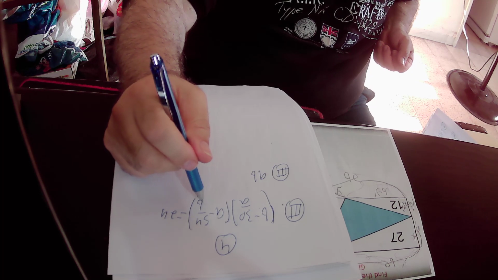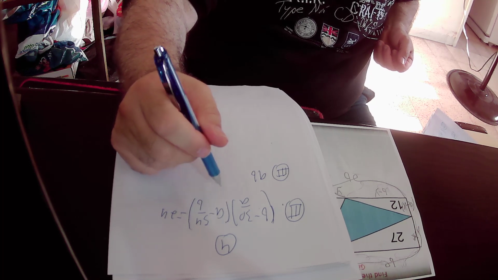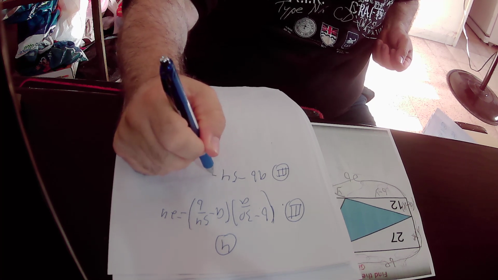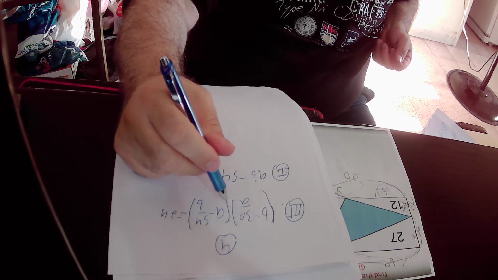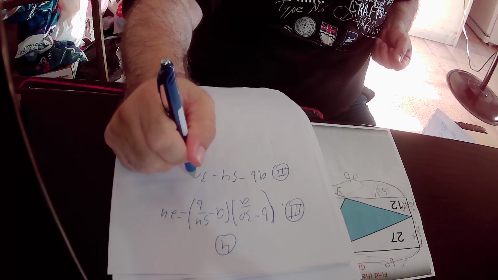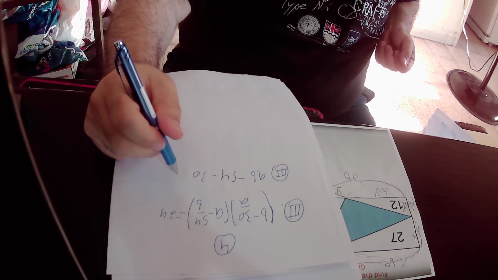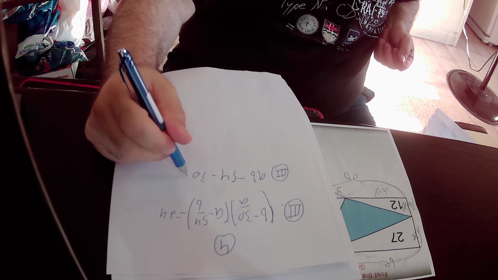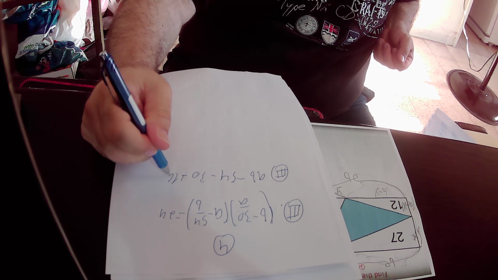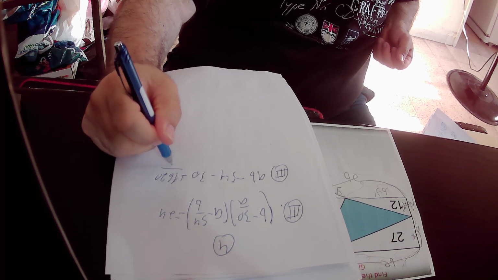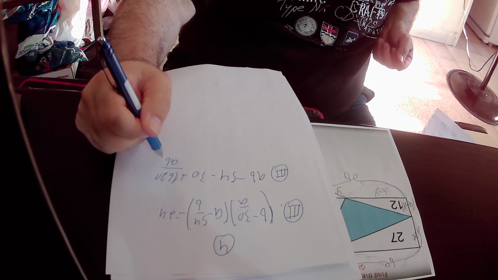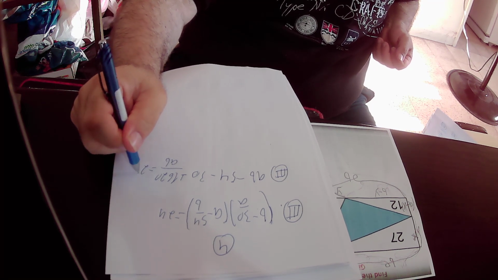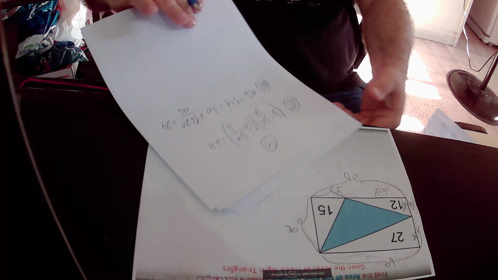B times negative 54 over b is negative 54. Negative 30 over a times a is negative 30. Negative 30 over a times negative 54 over b is positive 1620 over ab, equals 24. I will repeat again.